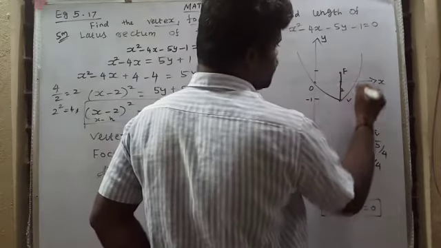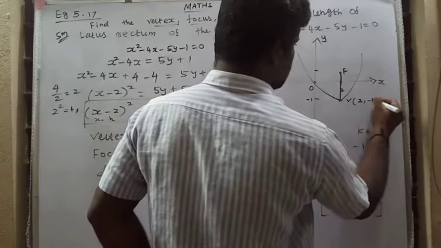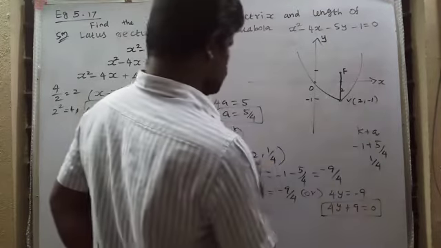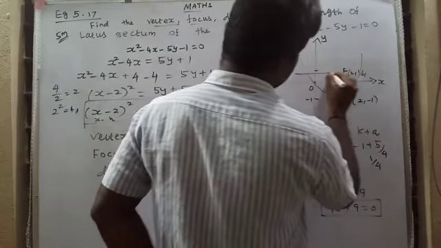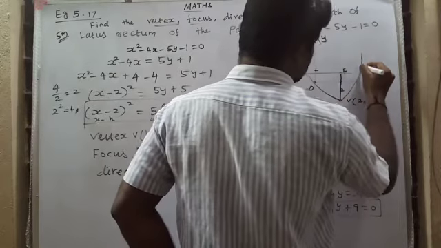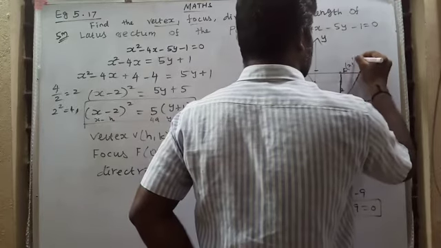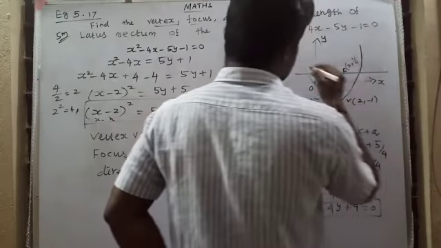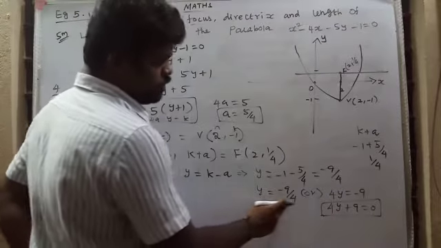This distance is vertex to focus. Vertex is 2 comma -1 and the focus is 2 comma 1/4. And we want to draw the directrix. Y is equal to -9/4.